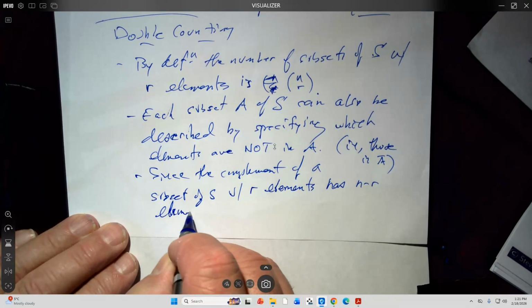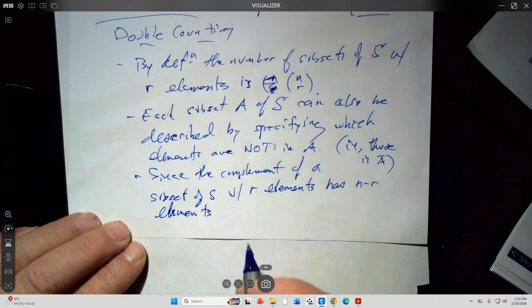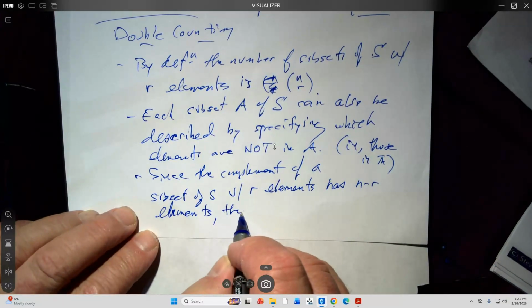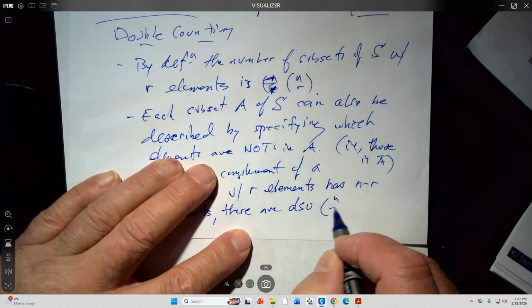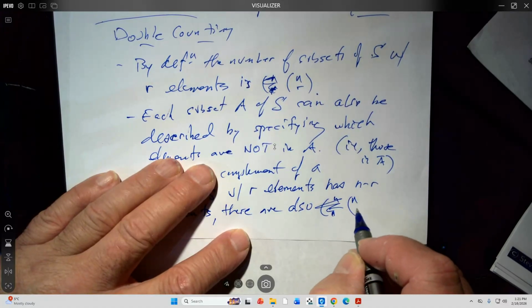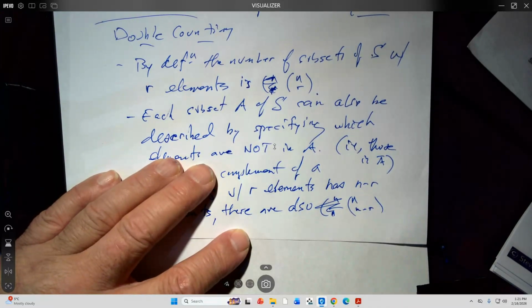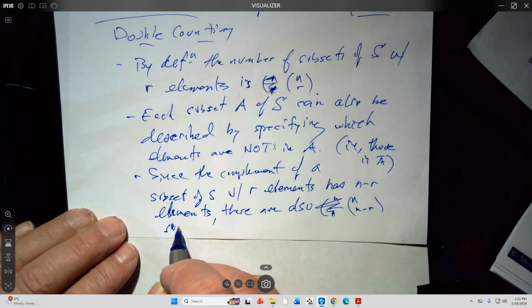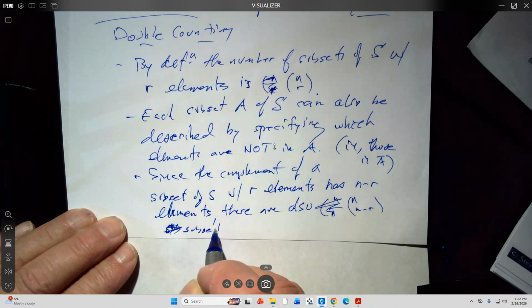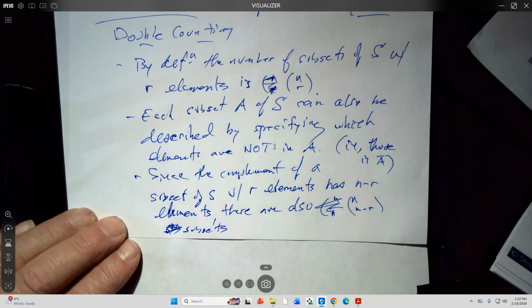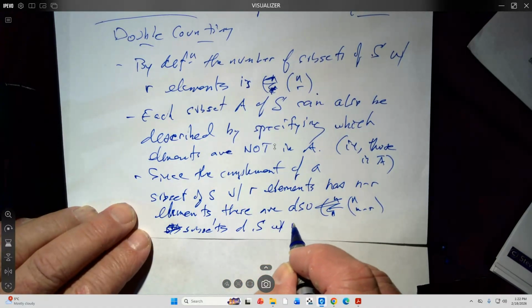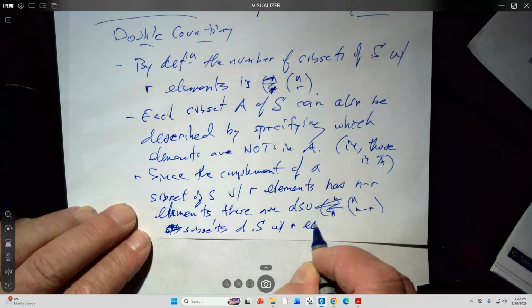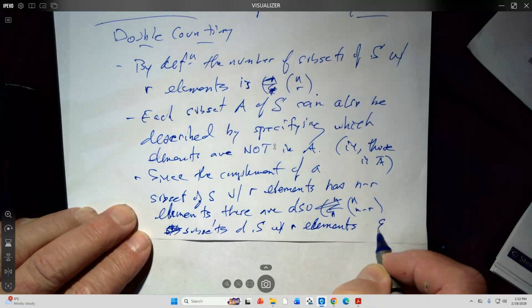You see how this is going. There are also n choose n minus r subsets of S with r elements. QED.